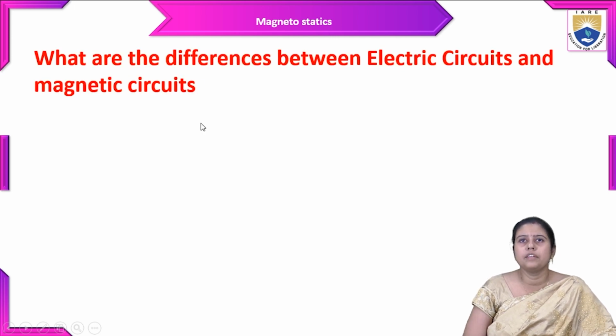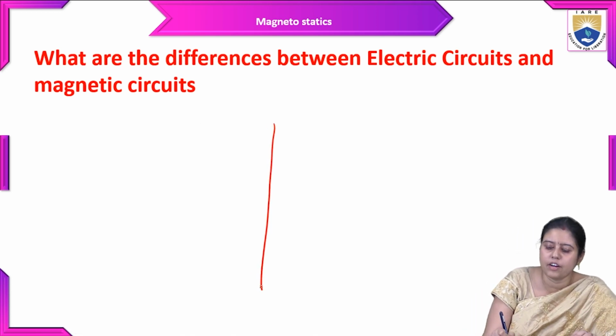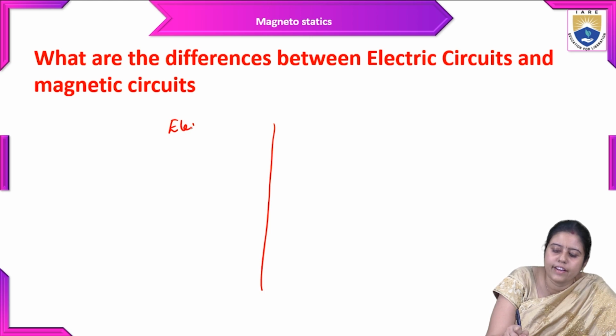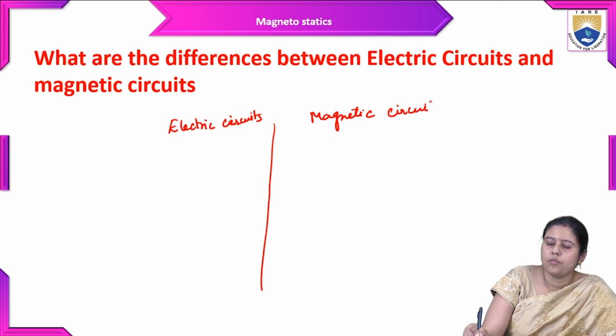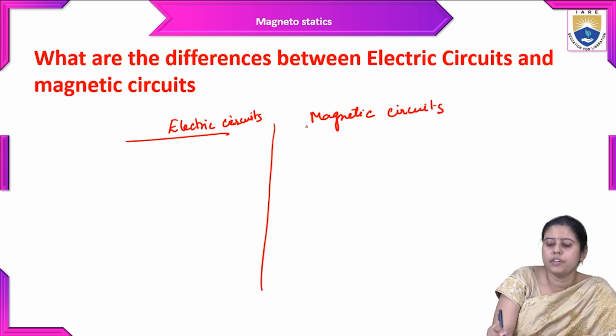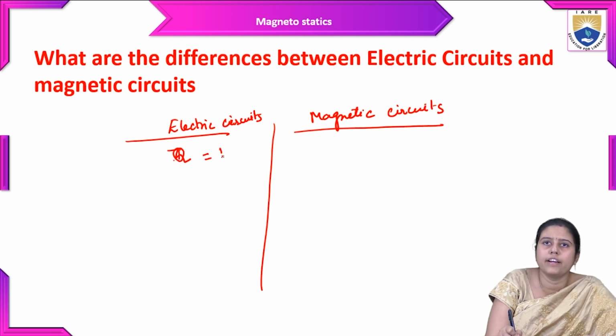Now, if we discuss the difference between electric circuits and magnetic circuits, we can write electric circuits and magnetic circuits. In electric circuits, the main thing is the current I, or the charge Q, and Q is always equal to the electric flux psi, according to Gauss law.